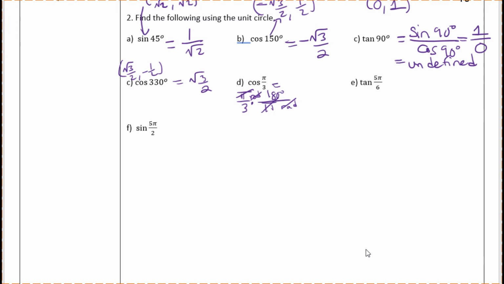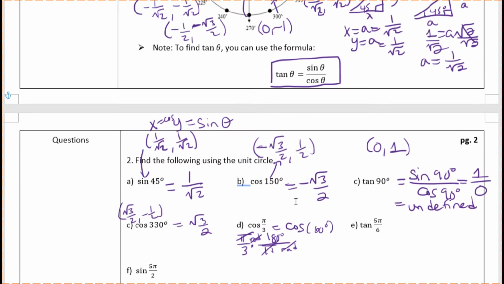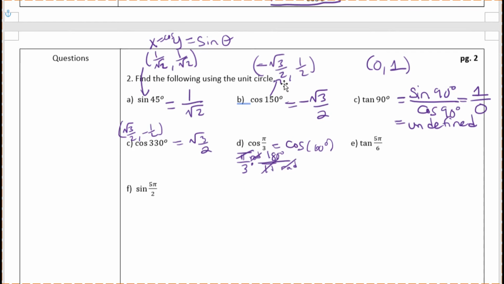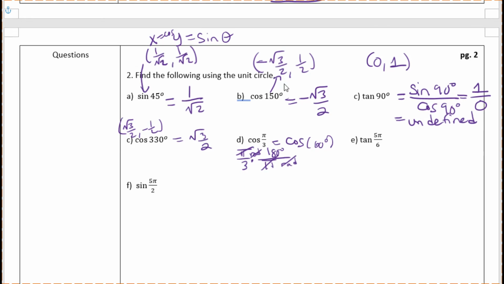So really, you're trying to do the cosine of 60 degrees here. The coordinate is 1/2, square root of 3 over 2, and you are looking at the x-coordinate, which is 1/2.